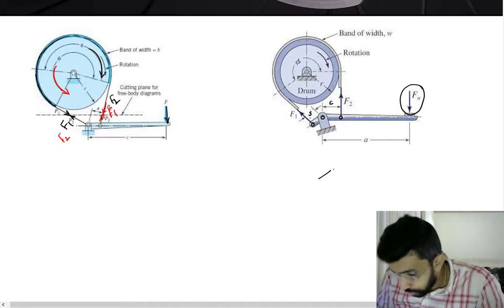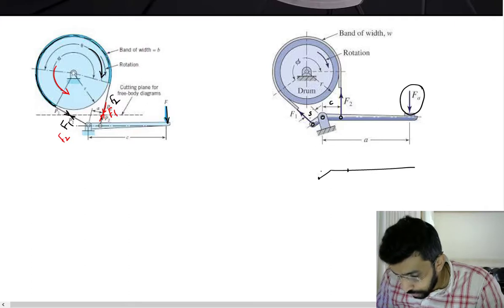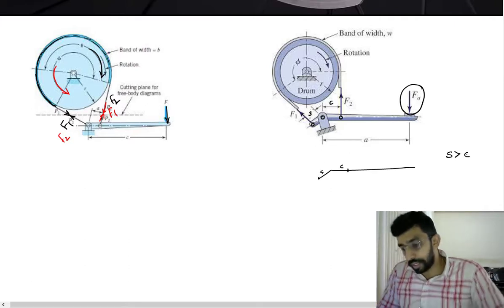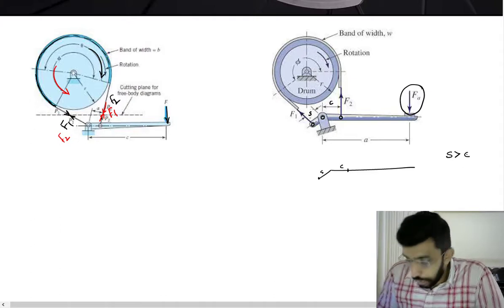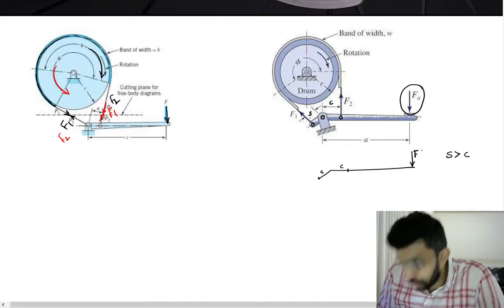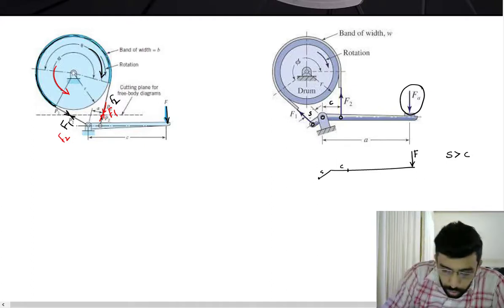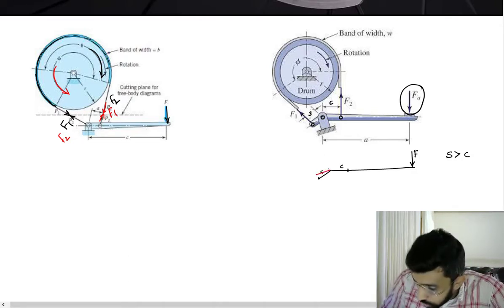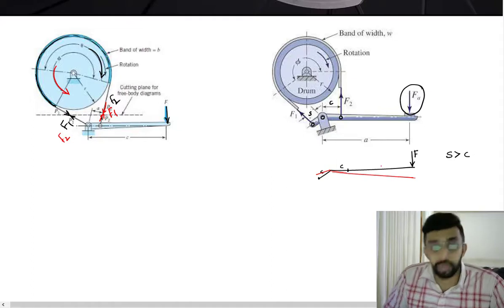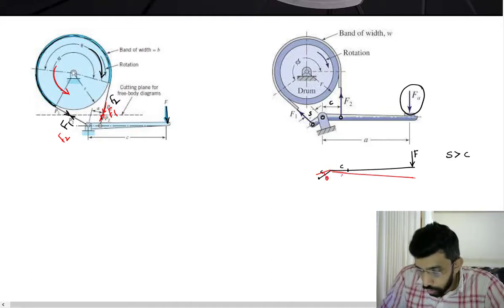Say this is the initial orientation you have. Let's say this is S and this is C, and here S is greater than C. What happens when you apply the force in the downward direction? The lever is going to tilt like this. If this angle is theta, this is also theta.